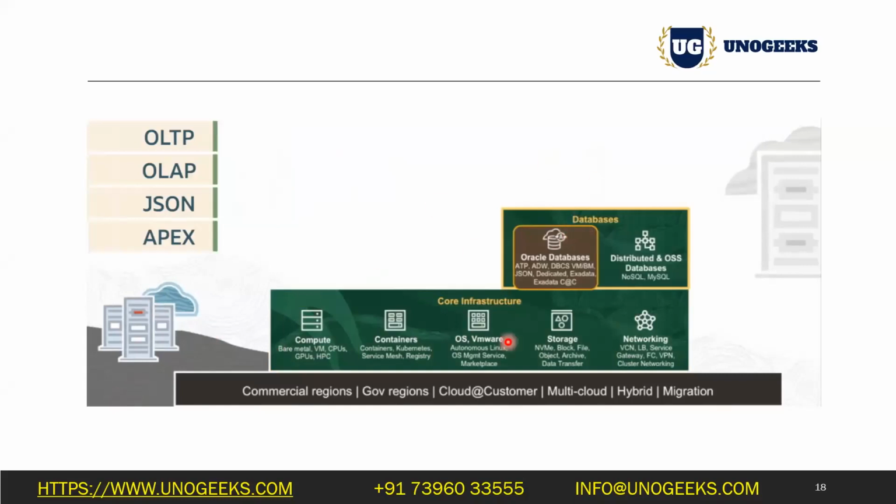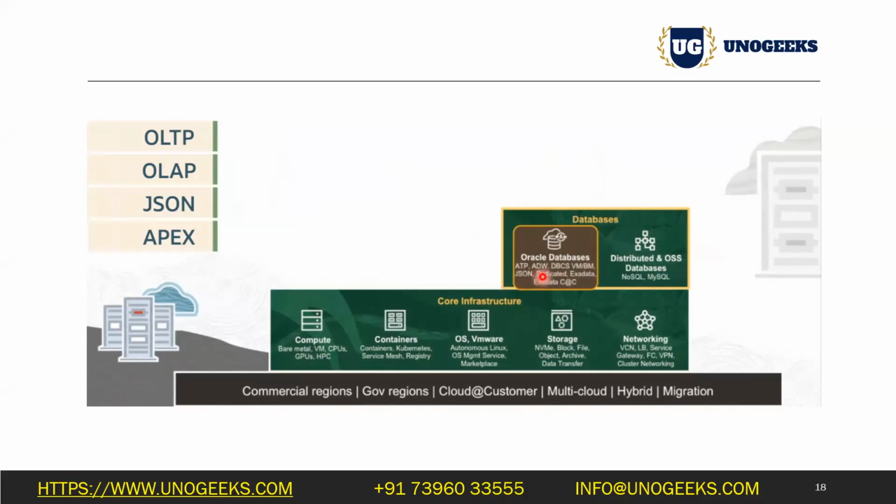As we discussed in the core infrastructure, you have the database services. These database services have multiple flavors, both Oracle and open source databases. And Oracle is the only cloud that runs autonomous database, with multiple flavors of the autonomous database.